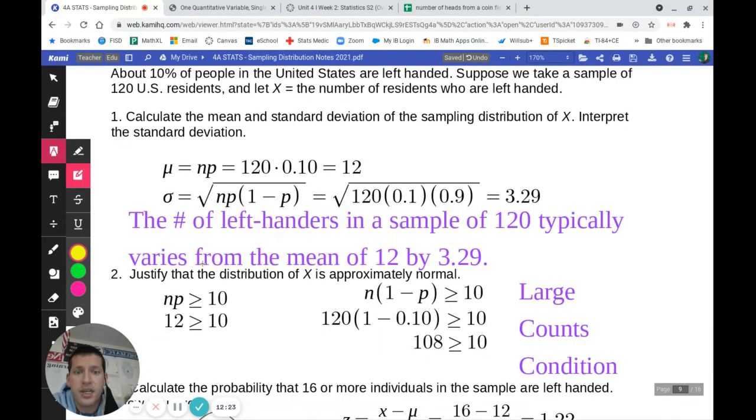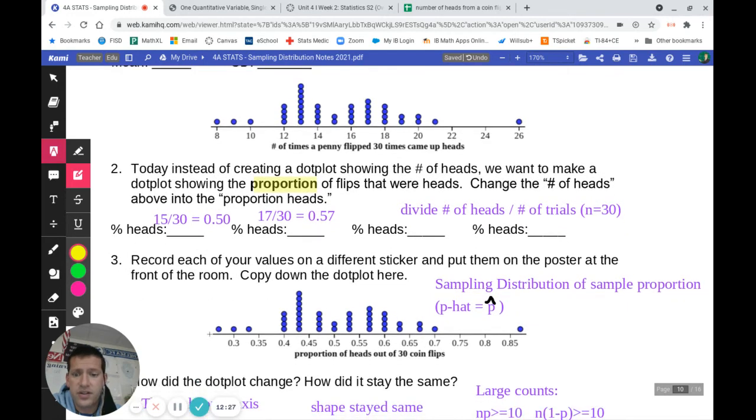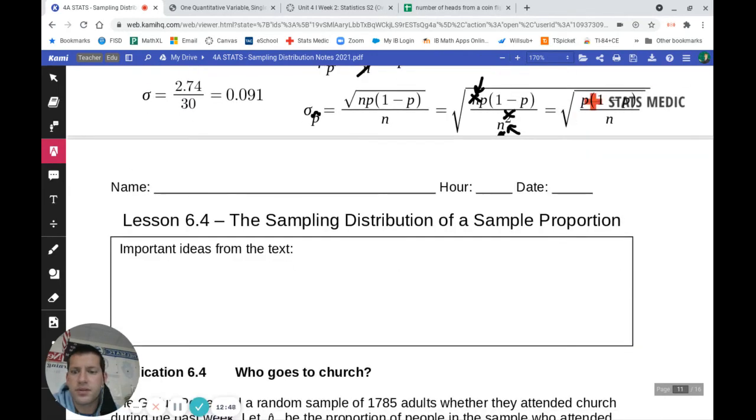Today we talked about the sampling distribution of a proportion, how it doesn't really change the look of it, just the values. We're not changing the data, we're just manipulating it to make it a proportion instead. Because of that manipulation of dividing by n, our formulas will change a little bit too. One gets a little easier, one gets a little tougher, but we can make sure Statplet or our calculator does all the work for us.